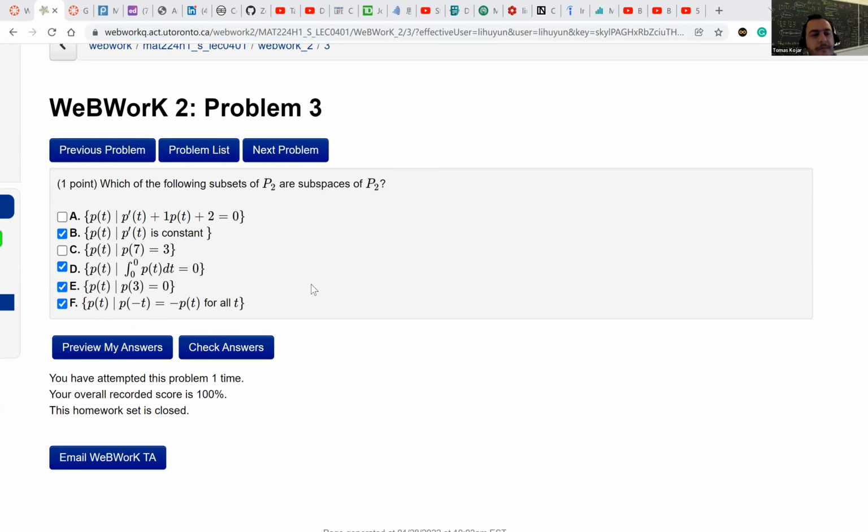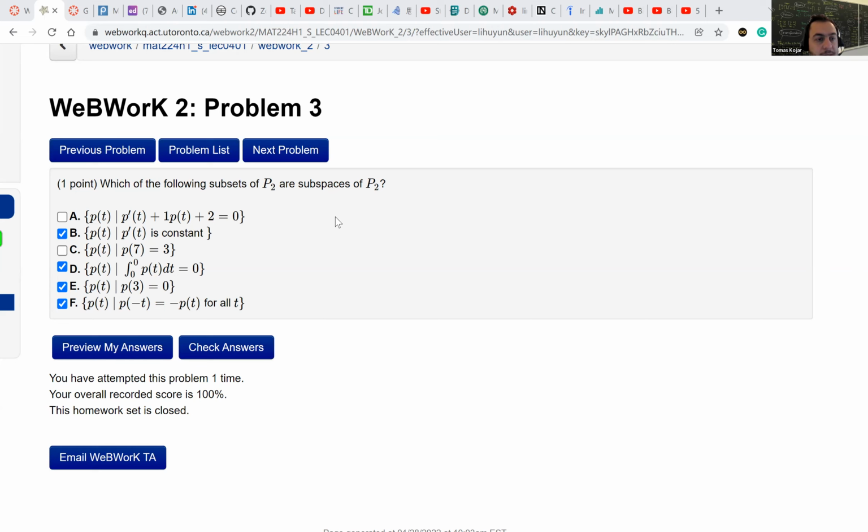So how to do this kind of question? P2 is a vector space, right? And we proved a criterion. What was the subspace criterion? First check it's non-empty, and then whether addition and scalar multiplication are closed.